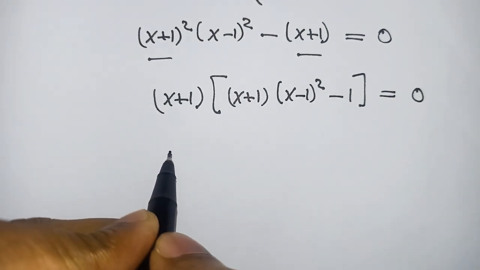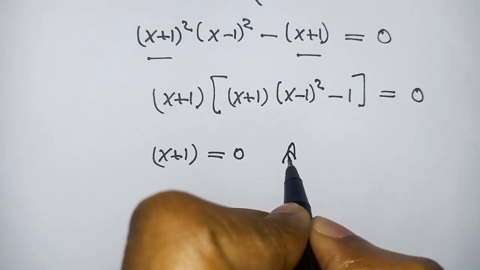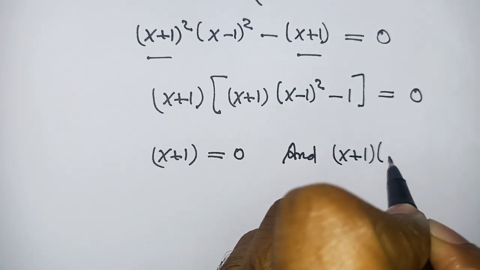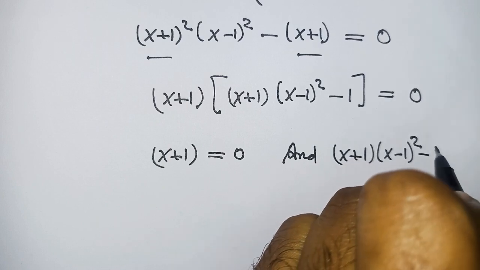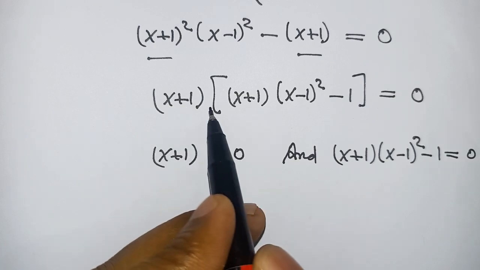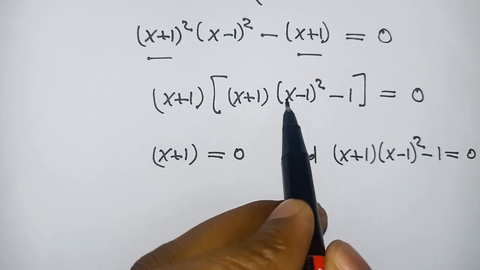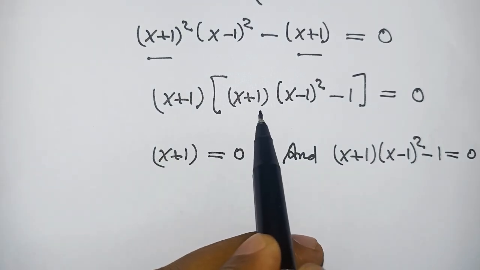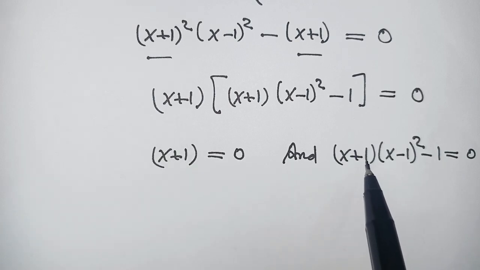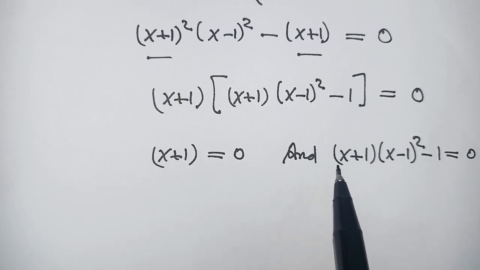And now x plus 1 is equal to 0, and this whole value (x plus 1)(x minus 1) square minus 1 is equal to 0, because this multiplied by this is equal to 0. That means this is one factor, this whole value is another factor, and the product of two factors is 0. That means maybe x plus 1 is 0, or maybe (x plus 1)(x minus 1) square minus 1 is equal to 0, or maybe both 0.